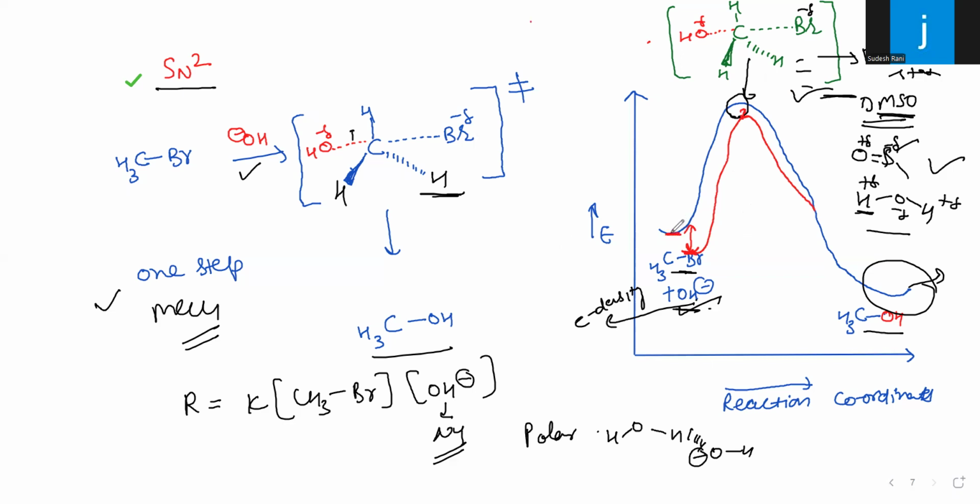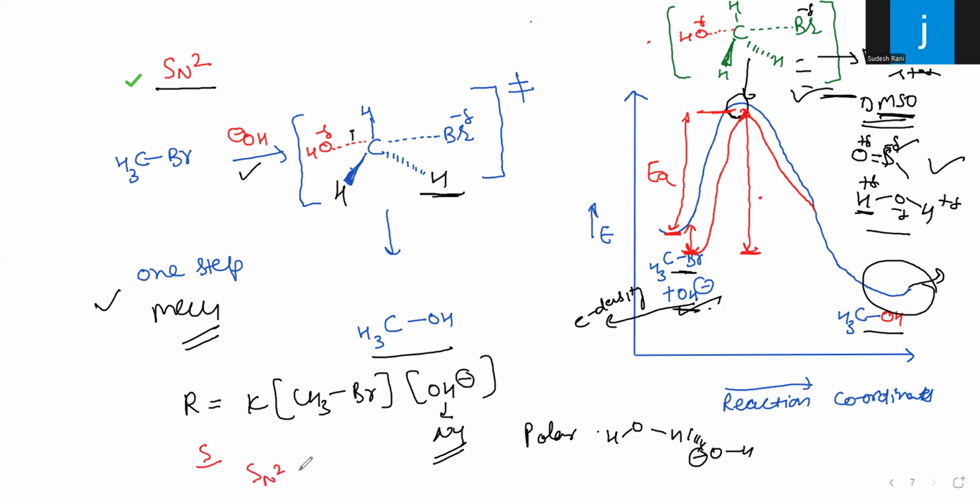Previously the energy of the reactant was this and the transition state was this. So this was the activation energy. But now, as the energy of the reactant is more lowered, the difference between the transition state and reactant is increased. So it's difficult to cross this energy level. Thus, in case of a polar solvent, due to stabilization of the nucleophile, it does not favor the reaction.